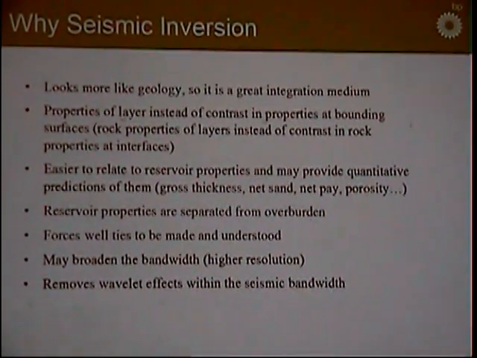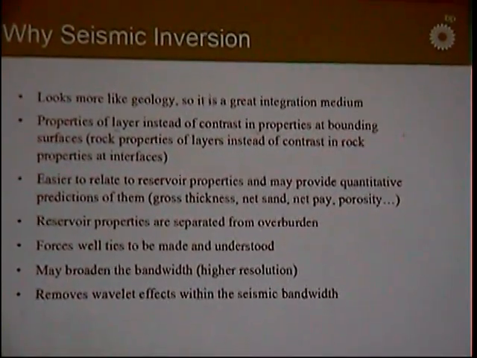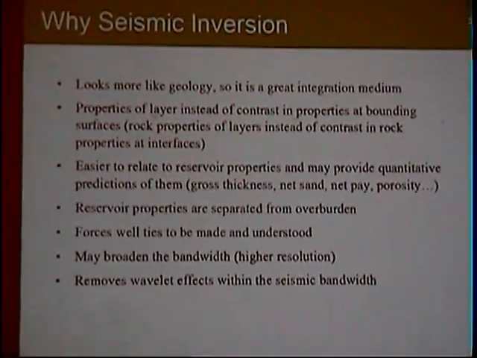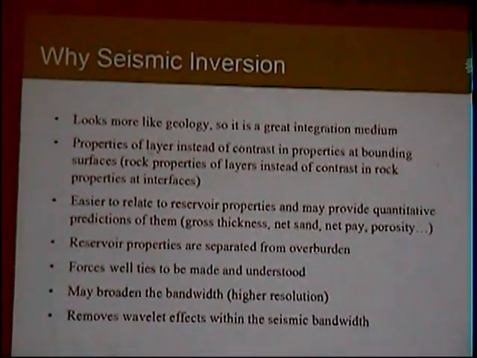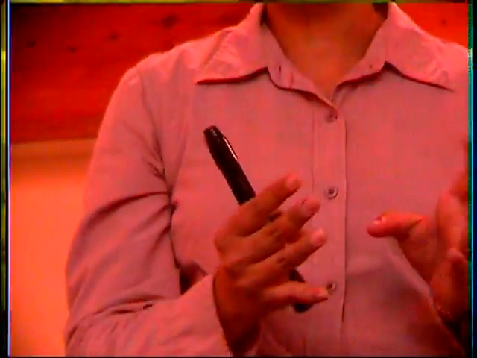It may broaden the bandwidth, so it allows you to have higher resolution depending on the type of inversion also. And it does remove wavelet effects, which would be side lobes and things like that. So what you should be seeing, depending on how the inversion is done again, would be the layers themselves, and not reflectivity that you're seeing because of wavelet effects.